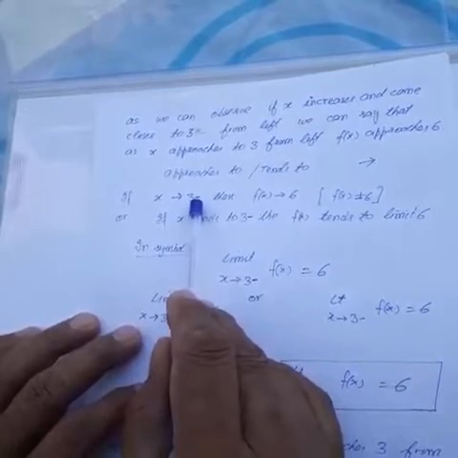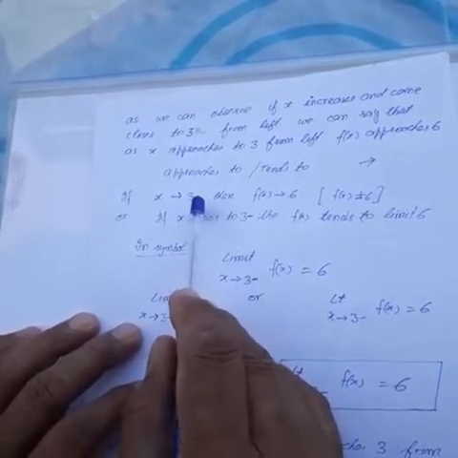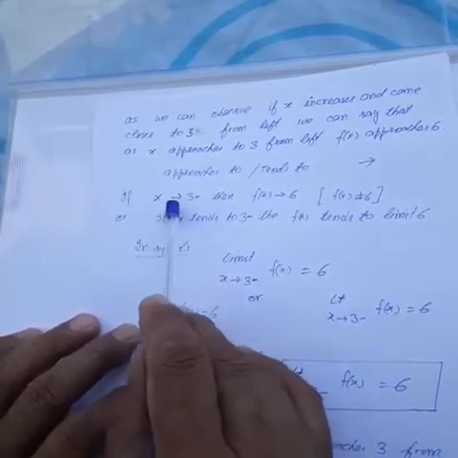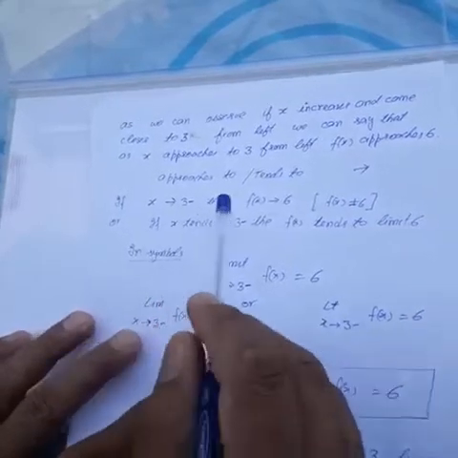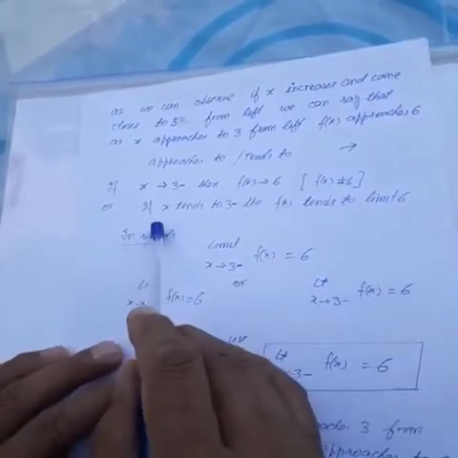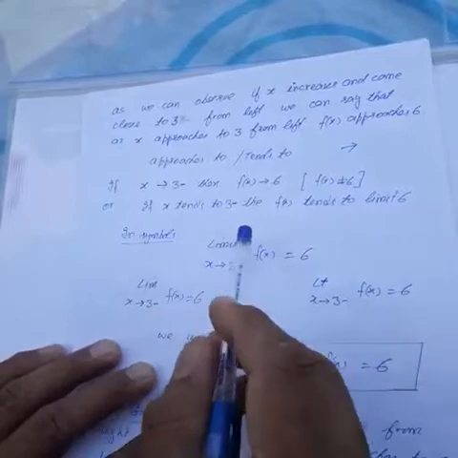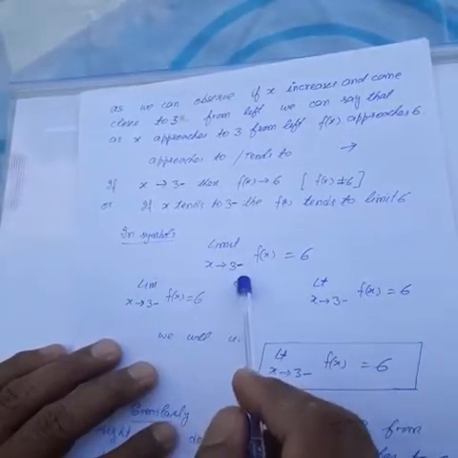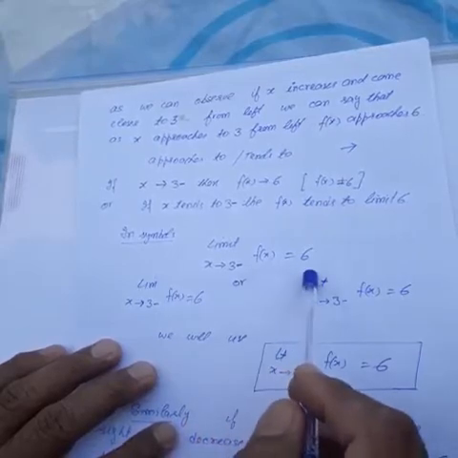The minus symbol stands for values slightly less than 3, so we are approaching 3 from left. Then f(x) is approaching 6. In symbols we write limit x tends to 3 minus of f(x) is equal to 6.